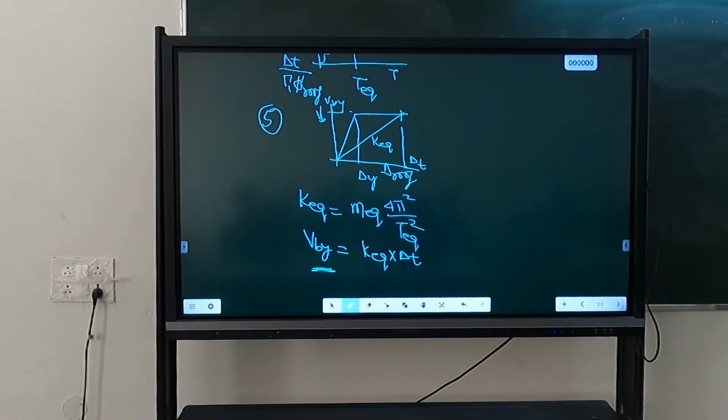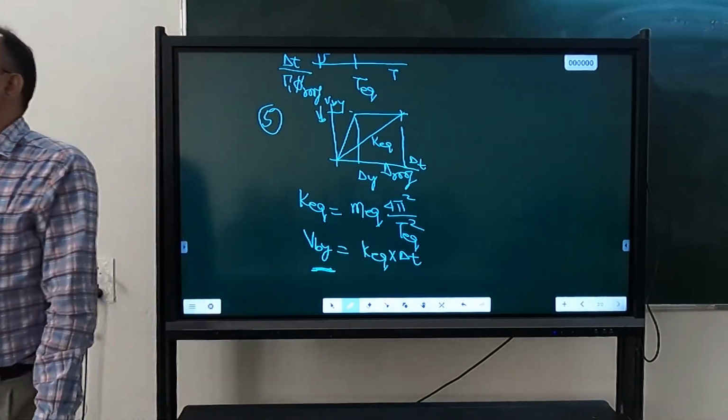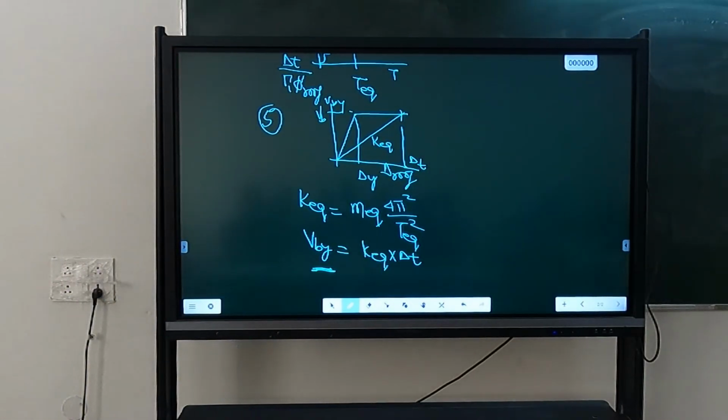The basic difficulty here is that there has to be a preliminary design. Initially some design has to be there. And how quickly it will converge to the correct design will depend upon the preliminary design of the building.